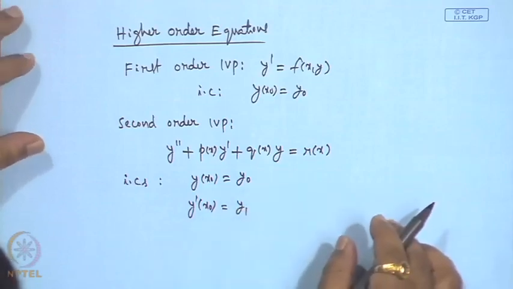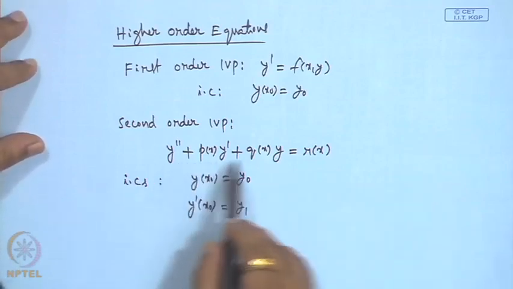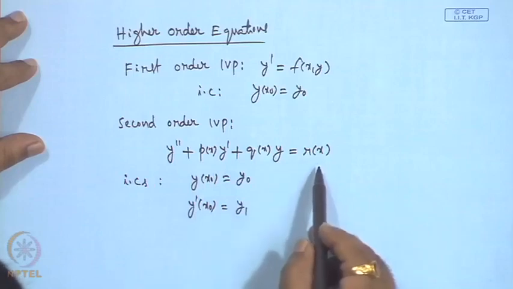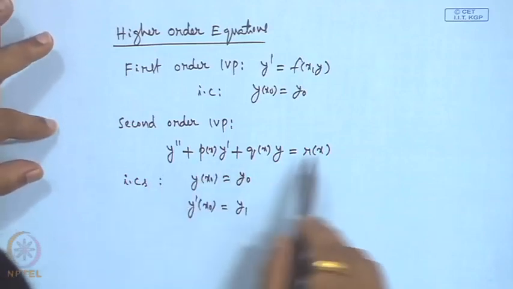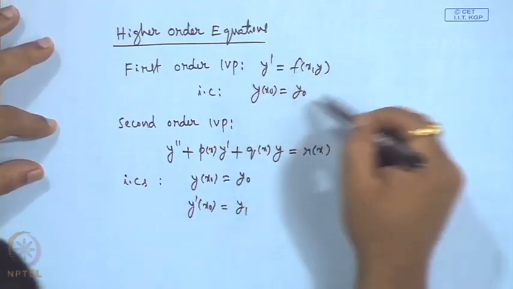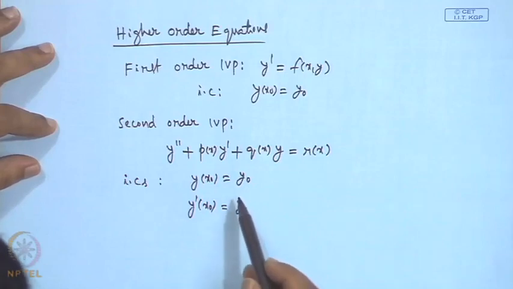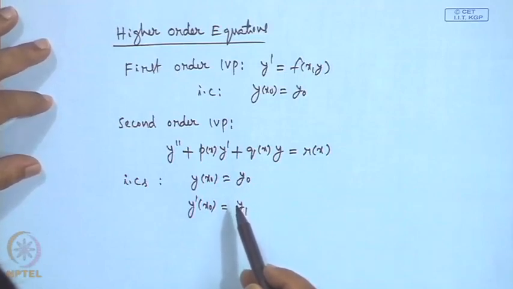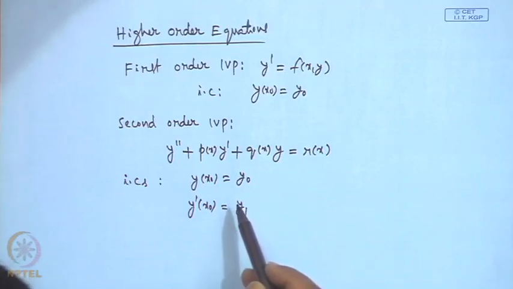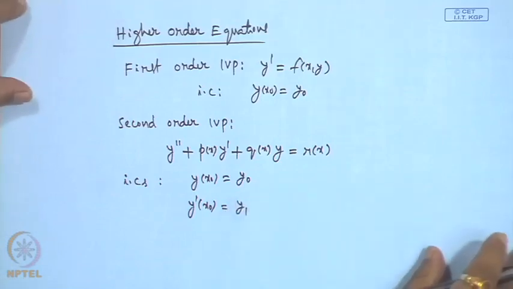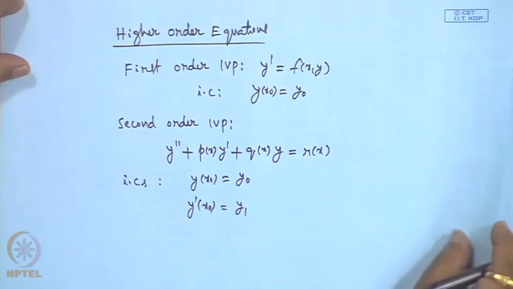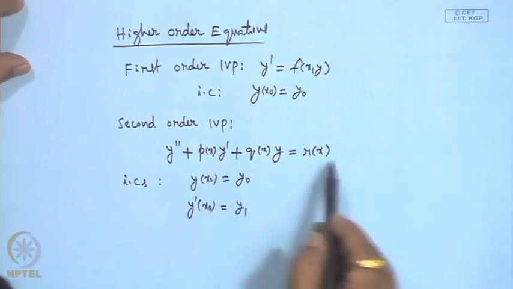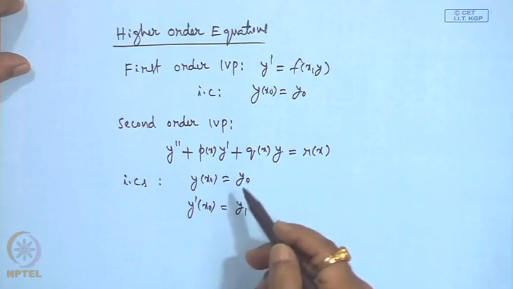How do we solve this? We have learnt how to solve a first order initial value problem. With that knowledge, can we solve a second order IVP? The answer is yes, certainly we can. We do this by reducing the given second order equation to a coupled system of first order equations.